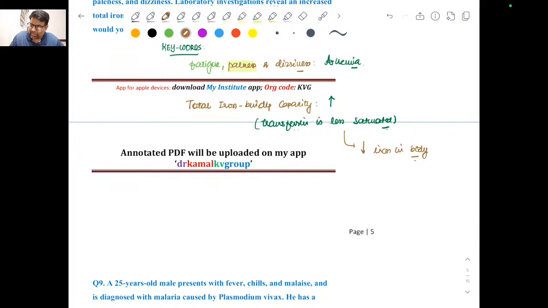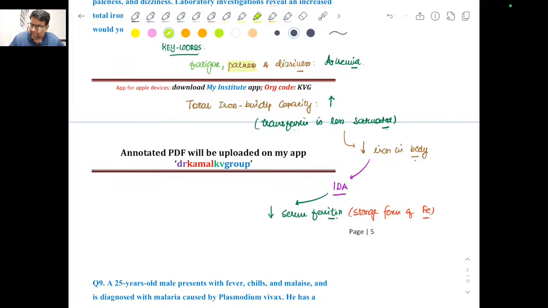And less iron in the body is what? Iron deficiency anemia. Clear? So this is a classical case of iron deficiency anemia. And what will happen to the iron storage? Decreased serum ferritin. Clear? So ferritin is actually the storage form of iron.